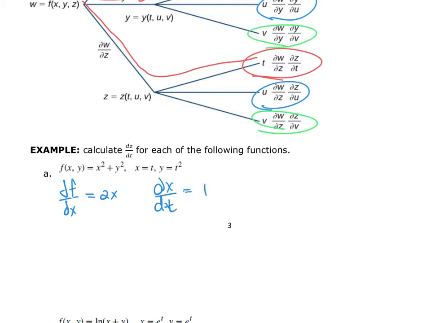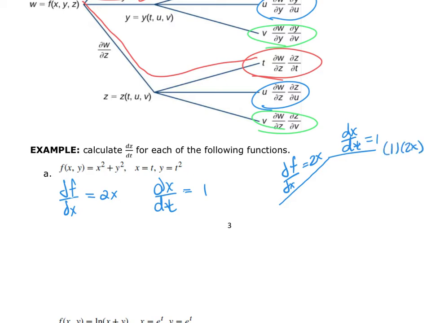If I was going down my branch, I'd be going down the x side. So this would be dx/dt, which is equal to 1, and my partial derivative df/dx, which is equal to 2x. So down this side it'd be 1 multiplied by 2x.